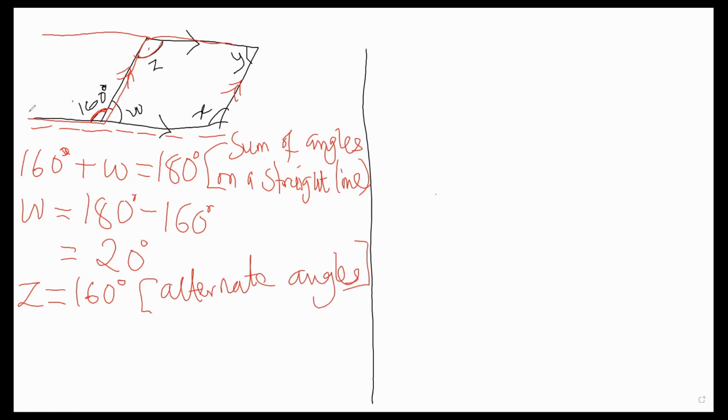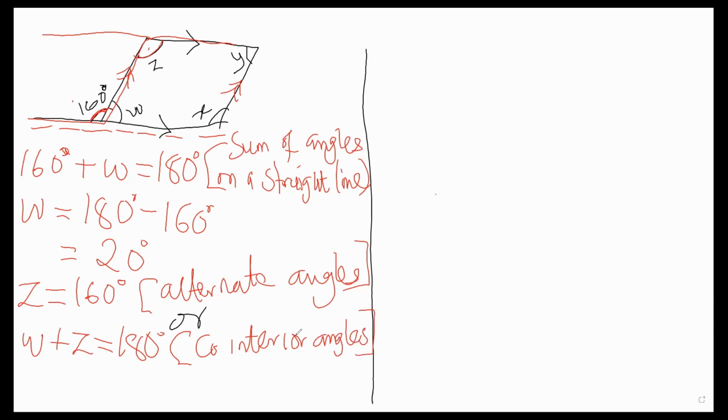Or we can use another method, or we can say that W plus Z is equal to 180 degree. Why? Because they are co-interior angles. And what do we say about co-interior angles? Co-interior angles are supplementary. So W plus Z is equal to 180.